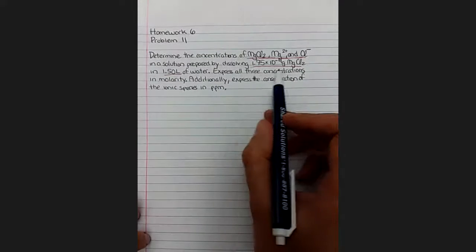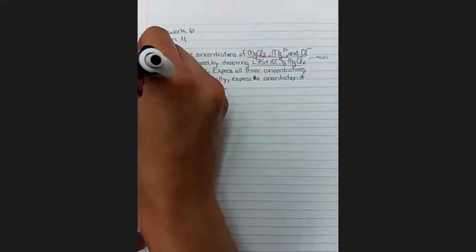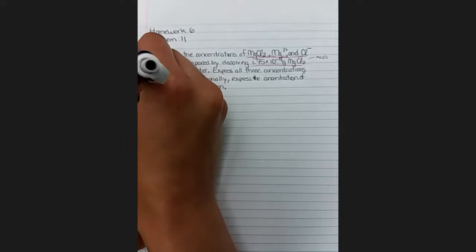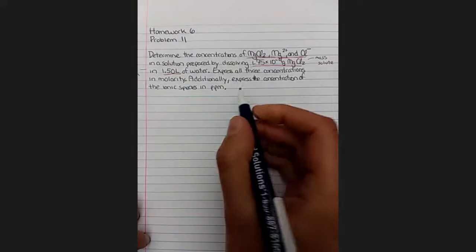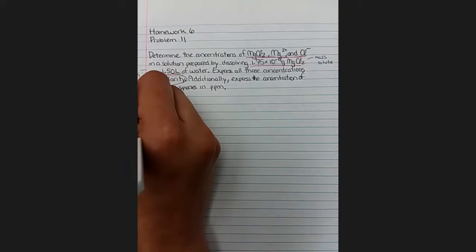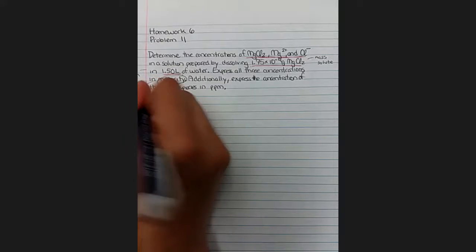So we have a mass and we have a volume. Specifically, this is the volume for the solution, and this is the mass of the solute. Magnesium chloride is the thing being dissolved in water. We need to find molarity for each of these pieces.